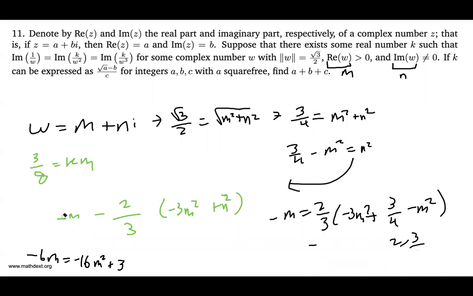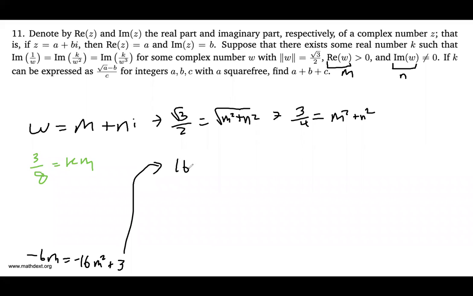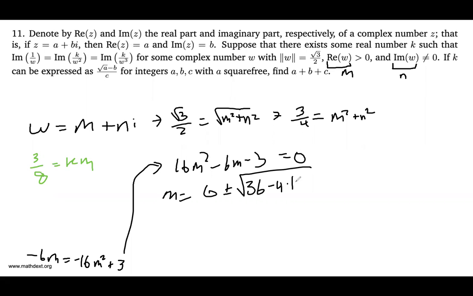And that's extremely nice because now we can solve for m. By rearranging this, we have 16m squared minus 6m minus 3 is equal to 0. The quadratic formula will give us m equals 6 plus or minus the square root of 6 squared minus 4 times 16 times negative 3, all over 32, which is 2 times 16.